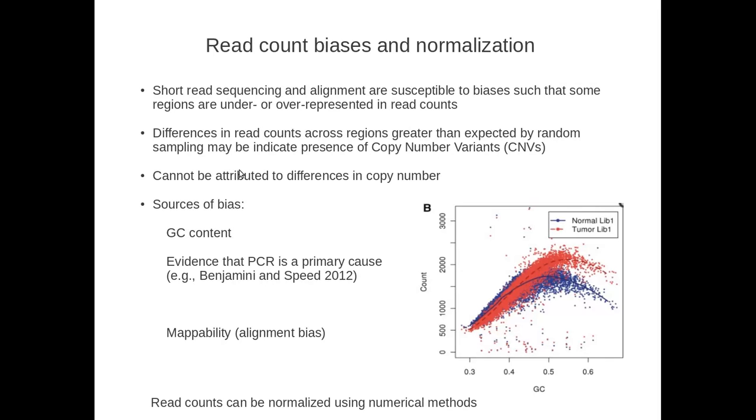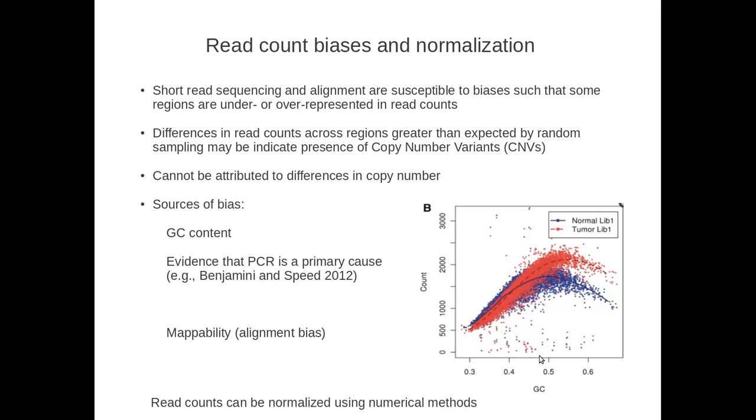Ultimately we'd like to be able to use read depth differences across the genome to discern differences in copy number. However, the biases that I'm talking about in this slide are not due to differences in copy number. They're due to GC content and mapping or alignment biases.